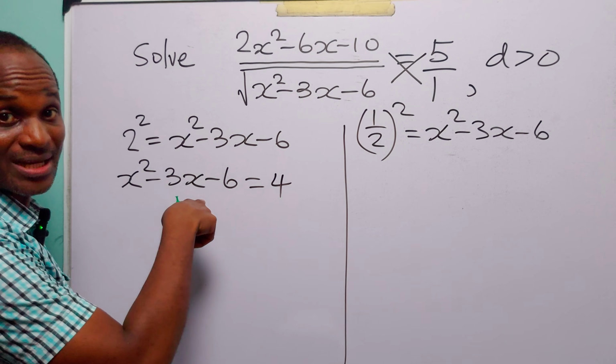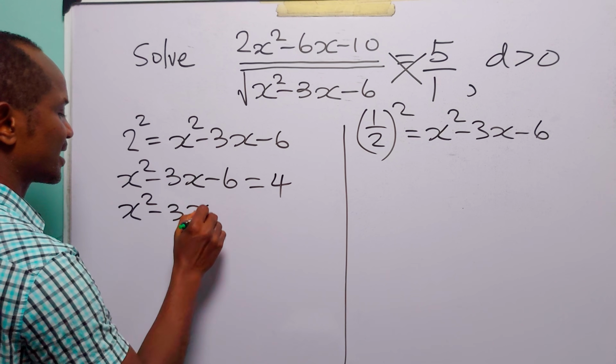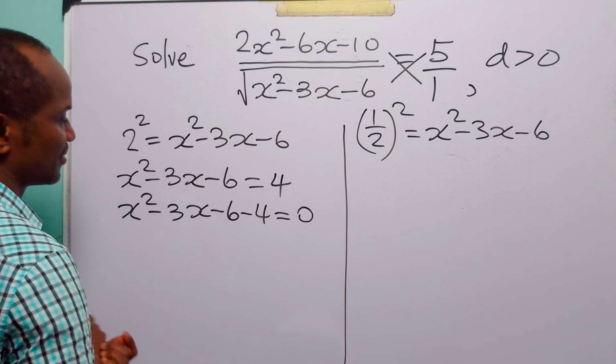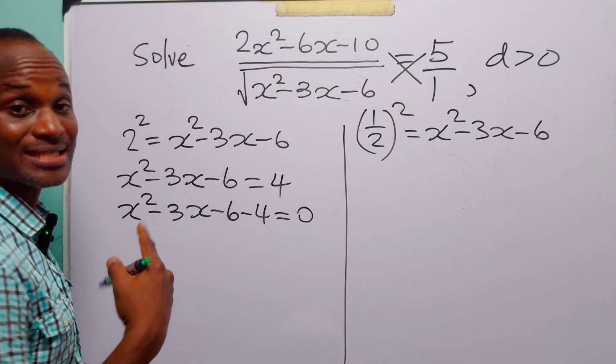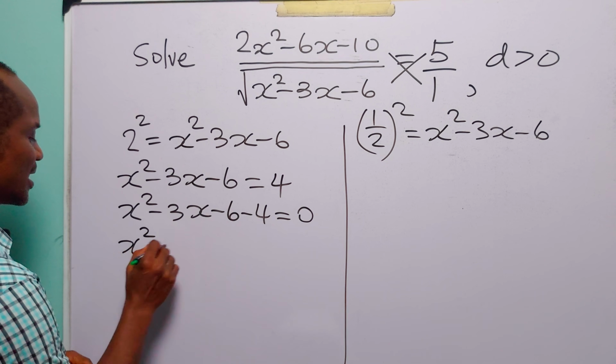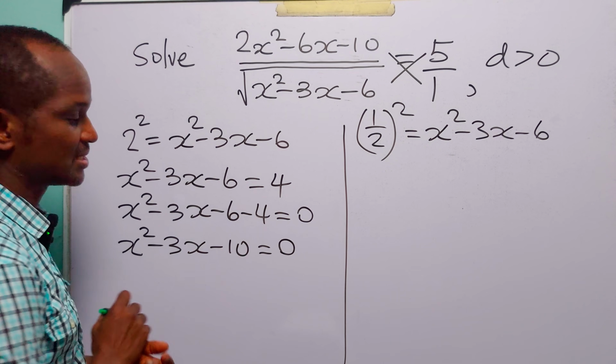Moving 4 over to the left-hand side, we have x squared minus 3x minus 6 minus 4 is equal to 0. Minus 6 minus 4 is minus 10. So our quadratic equation is x squared minus 3x minus 10 is equal to 0.